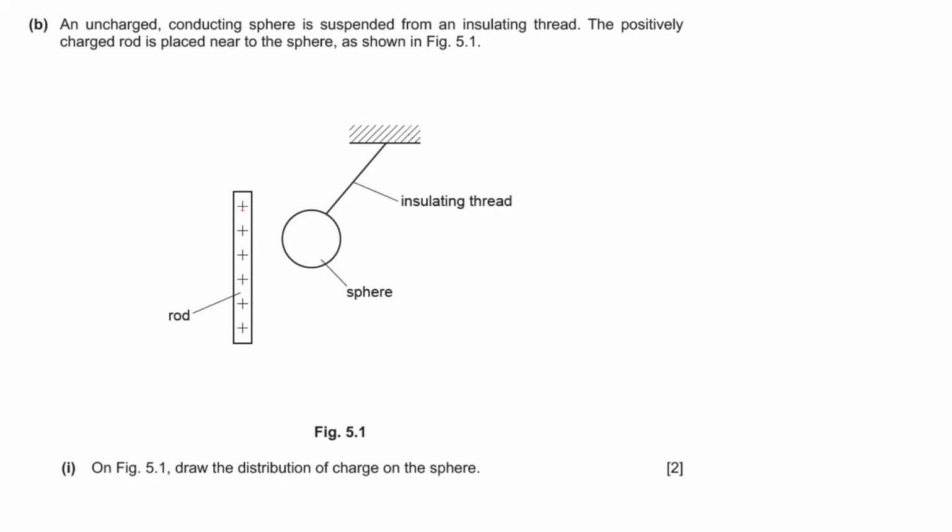A good practice is to draw fewer than 6 charges, say 5 negative charges here and equivalent 5 positive charges over here. You can draw 5 or maybe 6, not fewer than 4. So this is how the charge distribution on this sphere looks, and this phenomenon is called electrostatic induction.